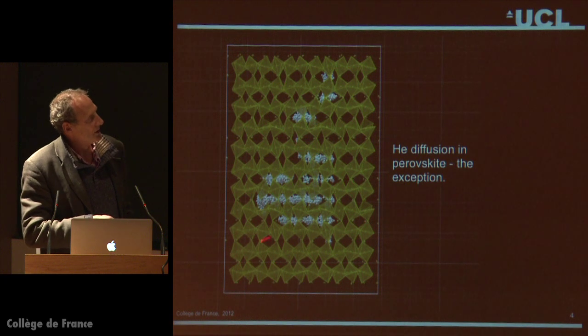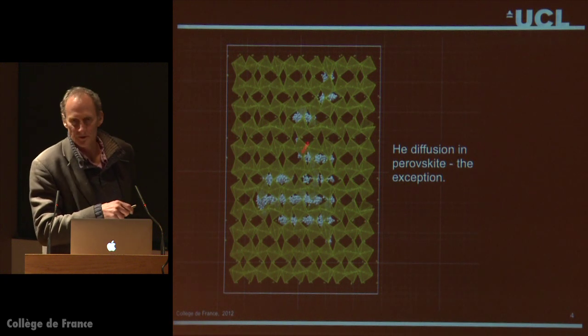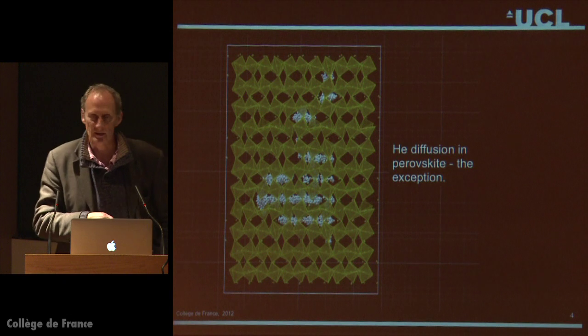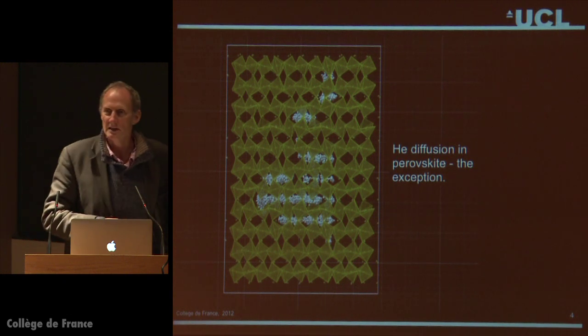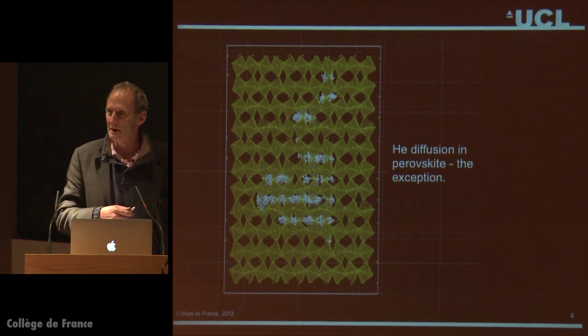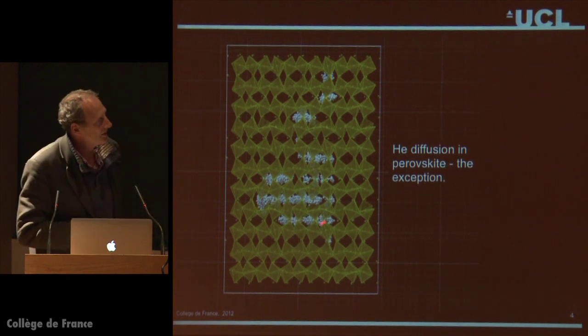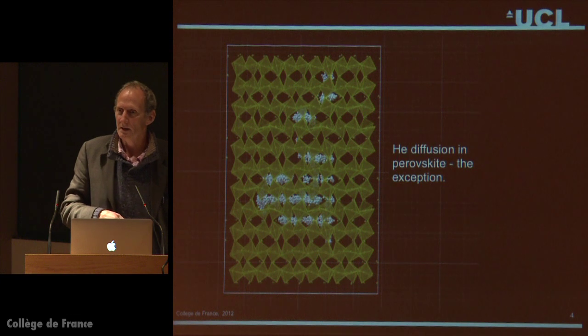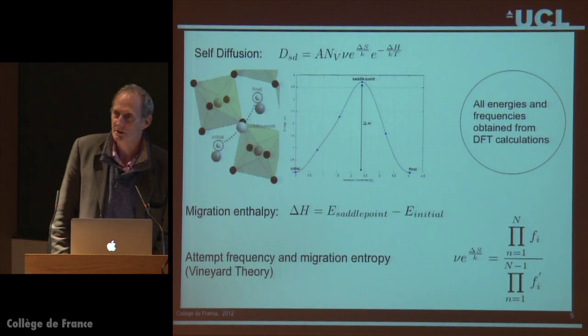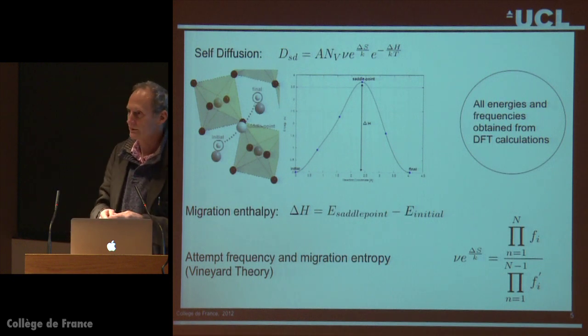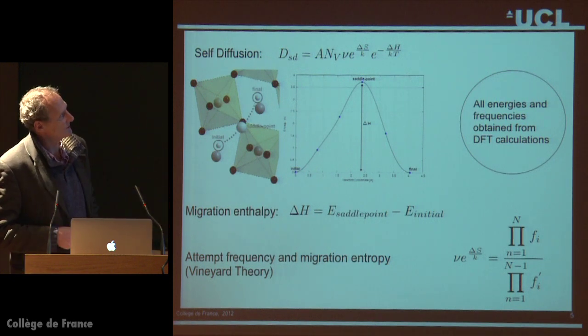I've just frozen the perovskite structure to make it clear for you. In this case, helium diffuses all the way through the structure very nicely, and you could probably make an estimate of the diffusion coefficient of helium this way. But that's not possible for most solids, so we have to take a slightly more convoluted step.